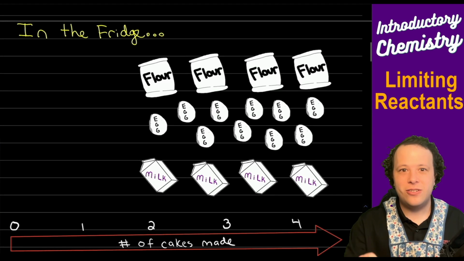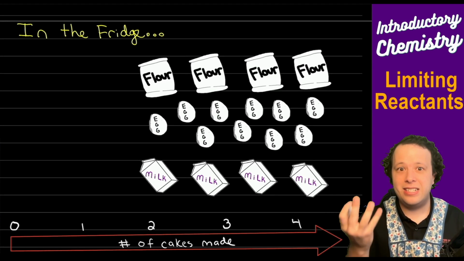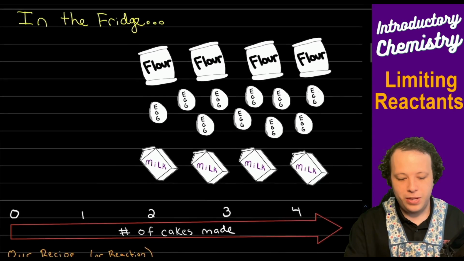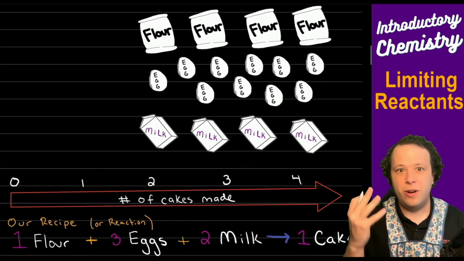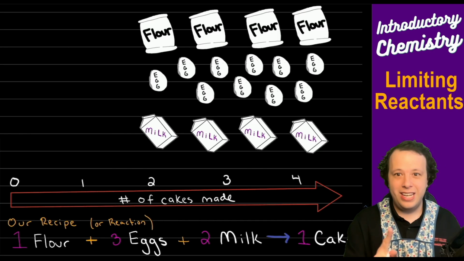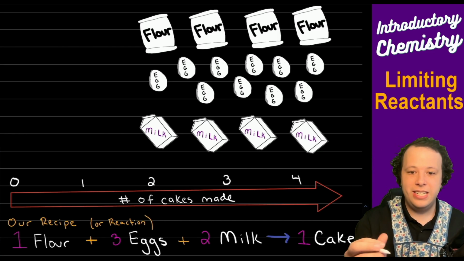The whole idea is to figure out exactly how many cakes you can make. Being that we have a specific recipe, one flour combines with 3 eggs and 2 milk to make one cake. Why don't we try to see if we can do that?